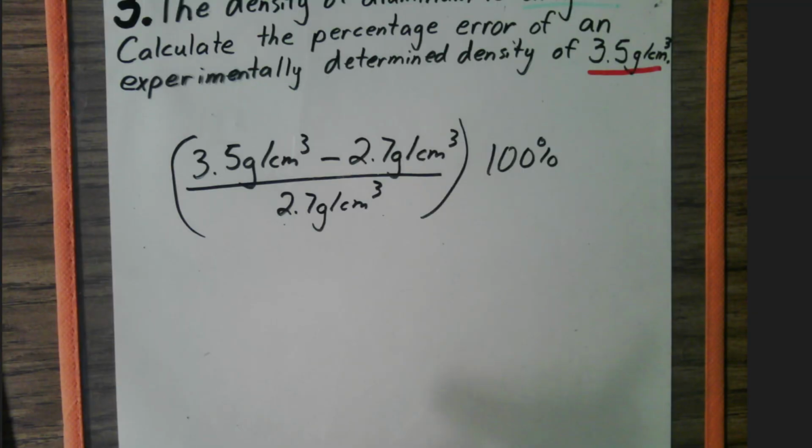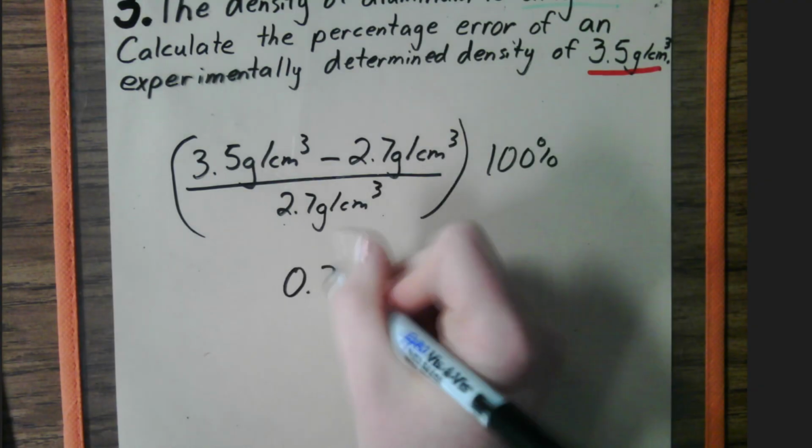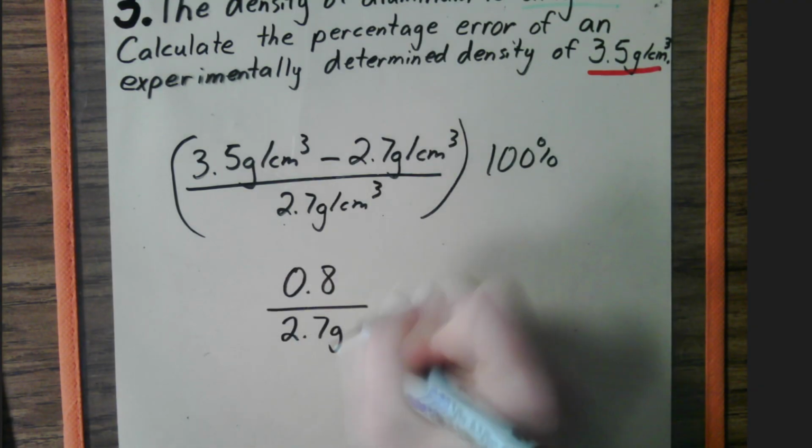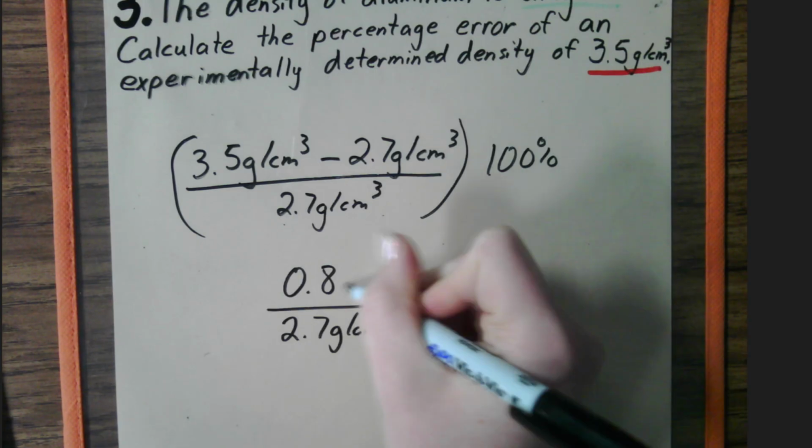So 3.5 minus 2.7 is 0.8 over 2.7 grams per centimeters cubed.